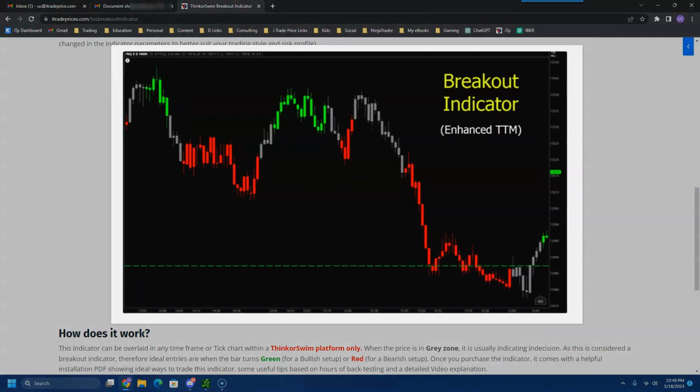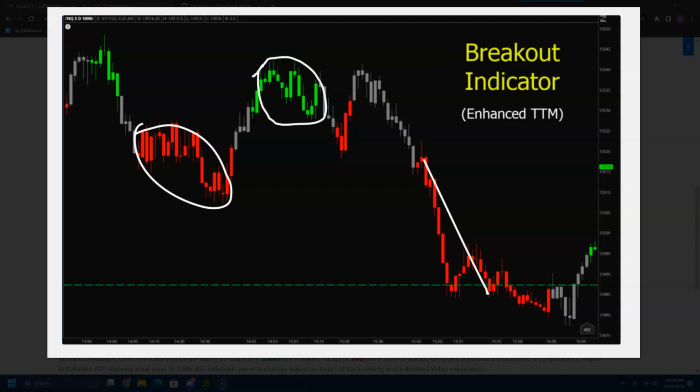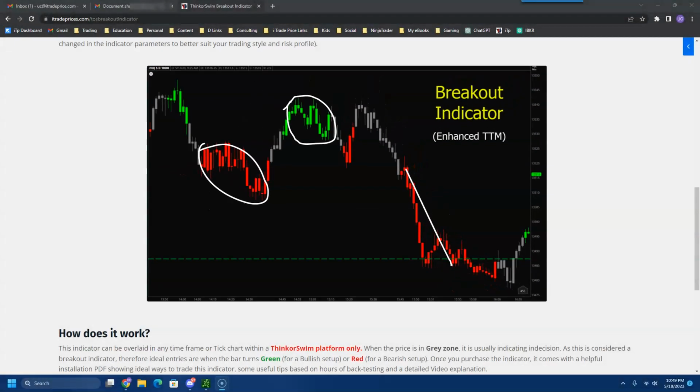So when the prices are moving down, it becomes red, and when the prices are moving up, it becomes green, right? And when the bars are gray, that means it's sideways for most of the time. Of course, you can see that it's not sideways here, it's coming down, but that depends on the sensitivity of the indicator, right?